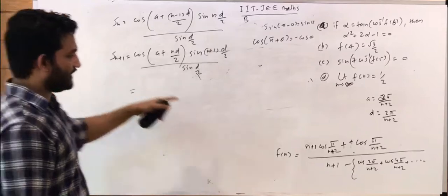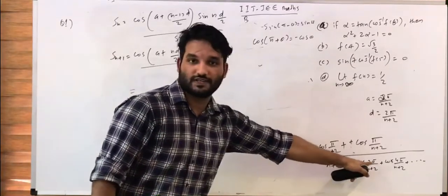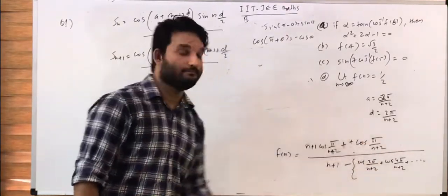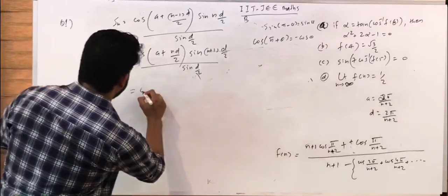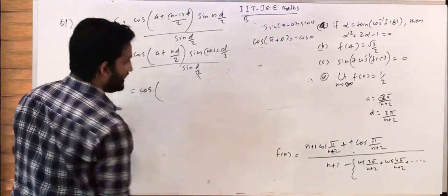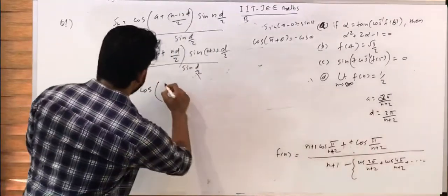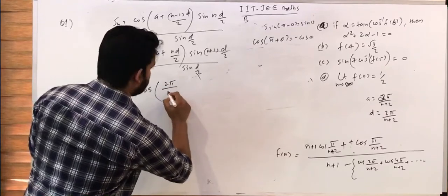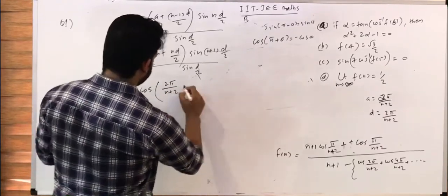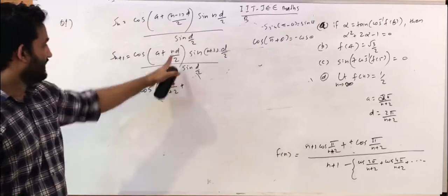So I am going to find this cos series sum, that is cos of a, where a is 2 pi divided by n plus 2, plus nd by 2.